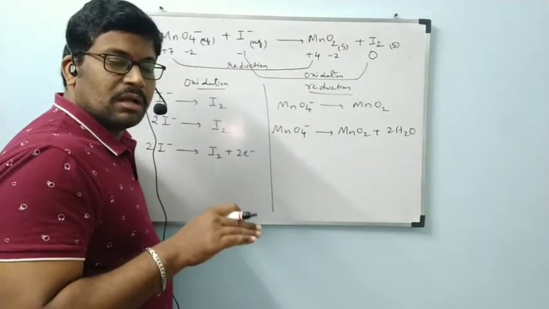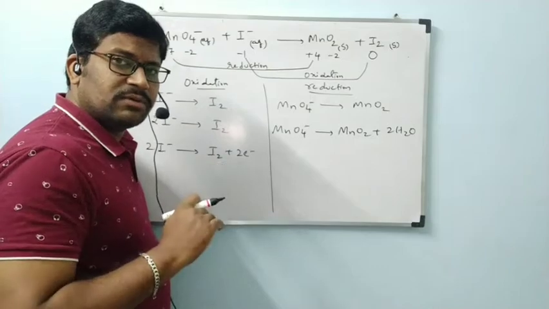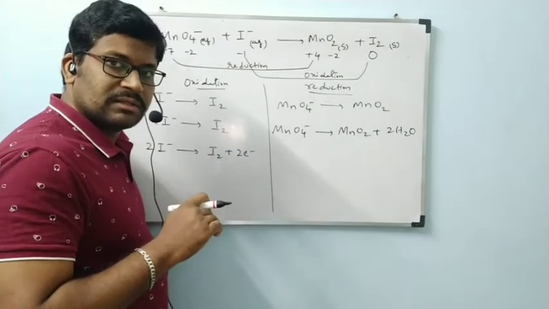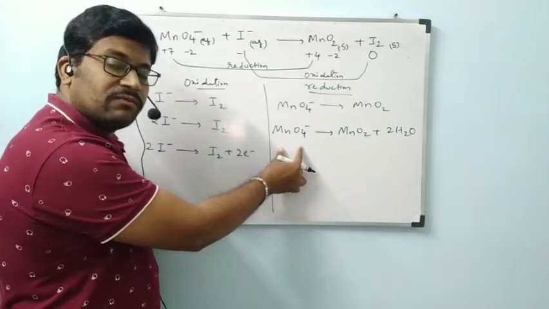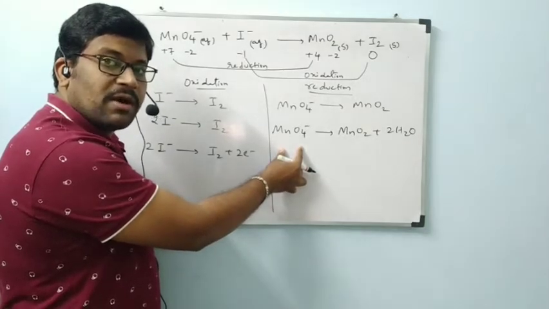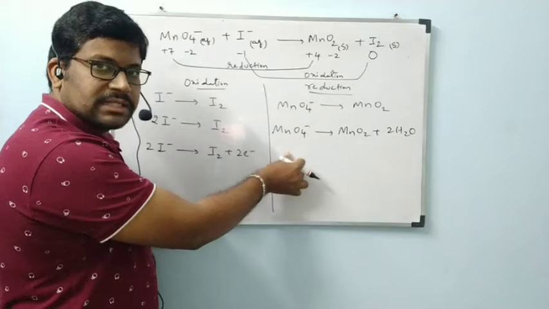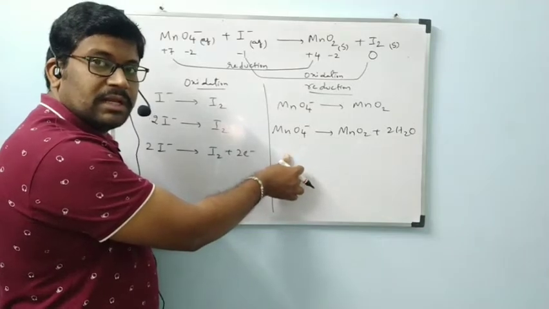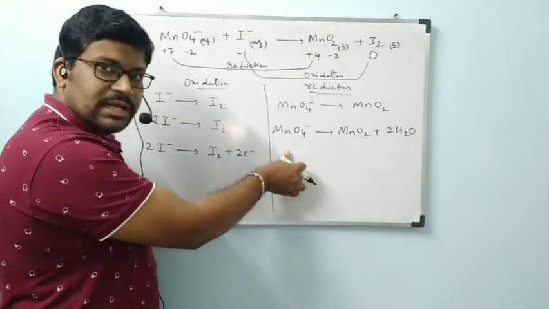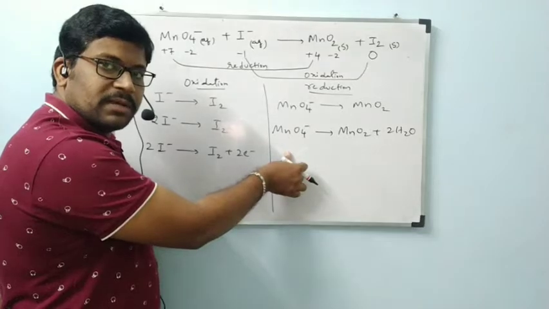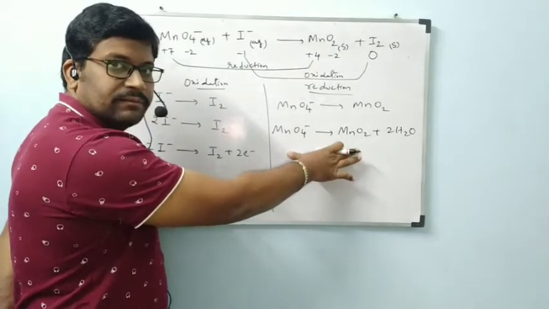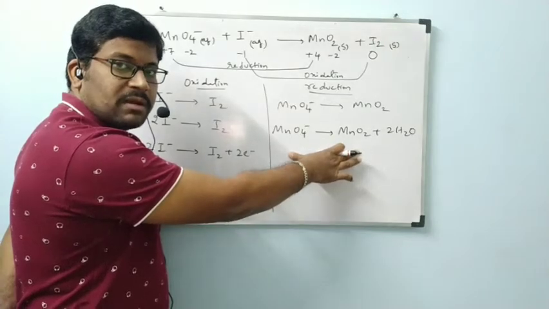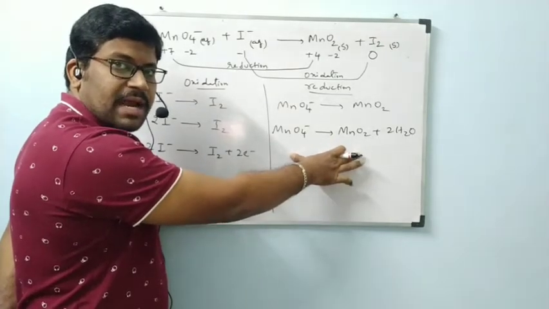On which side do we have to balance the hydrogens? Left side. How many hydrogens do we have to balance? 4 hydrogens. That many water molecules at this side. In the same step, the same number of OH minus ions must be added on the right side.